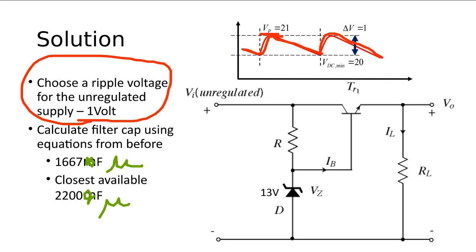So if the peak voltage is 21 volts and the ripple voltage is 1 volt, it means that at the end of the day, the voltage can go from 21 high to 20 low. All right? And that's where those two values came from. Okay, thank you, sir. Right, that clears it up? Yes, it does. Okay, great.